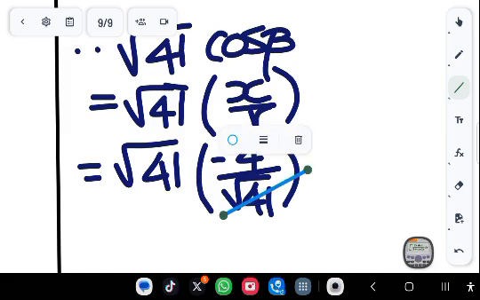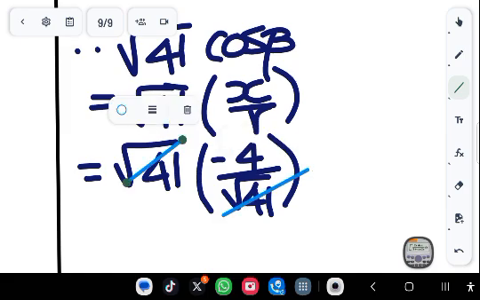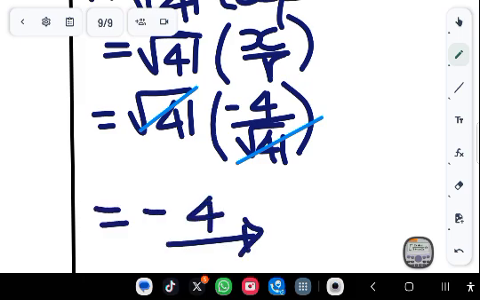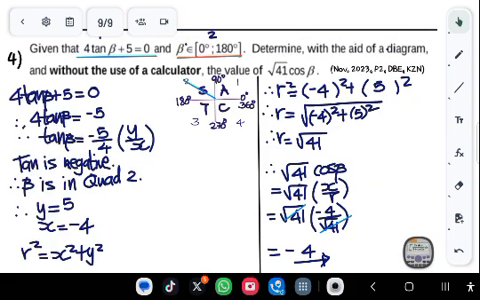The square root of 41s cancel out, and that leaves you with negative 4.